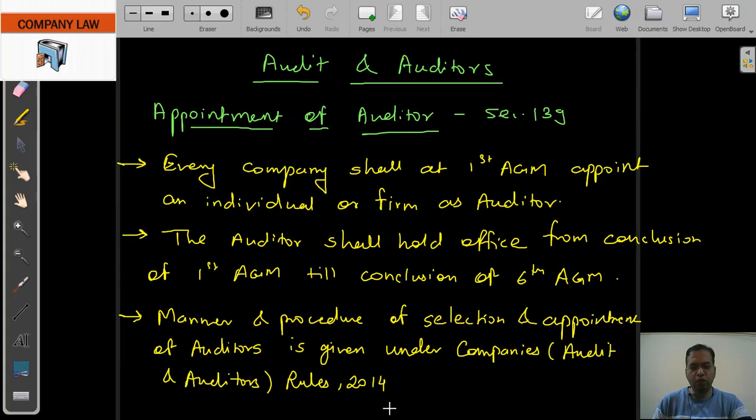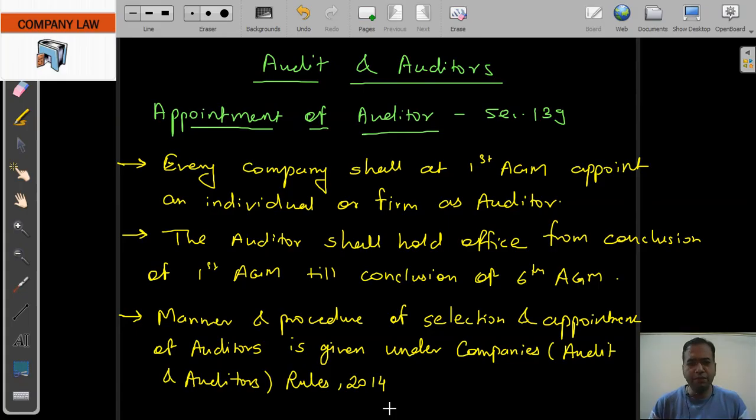When the board agrees with the recommendations, the audit committee will give its recommendation to the board of directors, and the board will further recommend the appointment of the auditor to its members. If the board disagrees with the recommendation of the audit committee, it may refer back to the audit committee, citing reasons. The audit committee, after reconsidering, may change the name of the auditor and recommend it to the board of directors, and the board in turn recommends it to the shareholders.